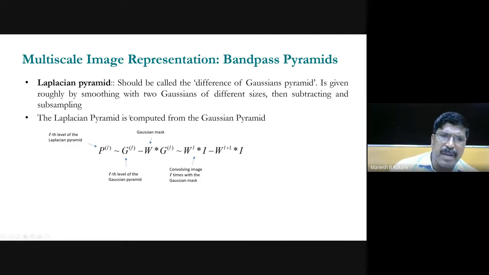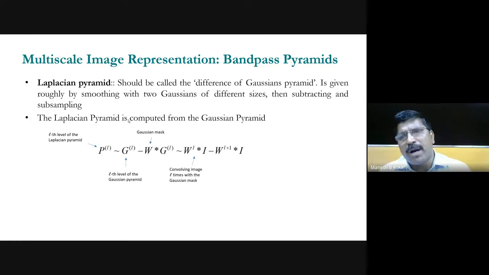So the Laplacian pyramid, we have seen in Laplacian of Gaussian, LoG, we have seen the operator LoG as well as DoG. So DoG is nothing but the difference of two Gaussian functions, and you know that the difference of two Gaussian functions is similar to the Laplacian of Gaussian, LoG. But the difference of Gaussian has less computation as compared to Laplacian of Gaussian, and then you get the same result.